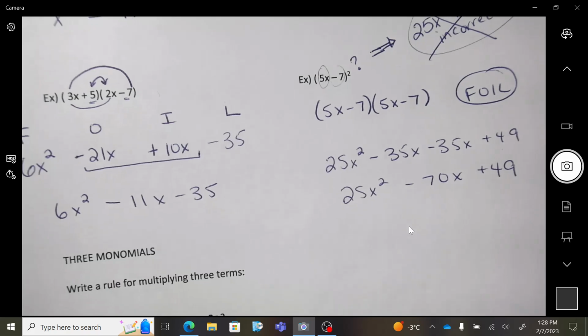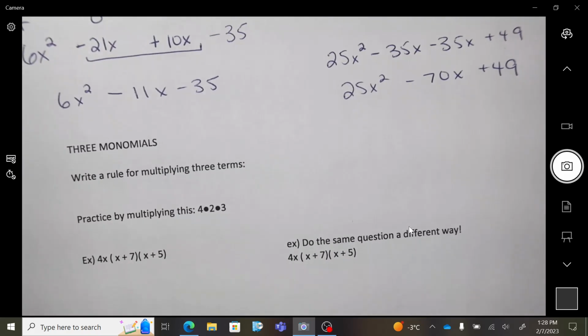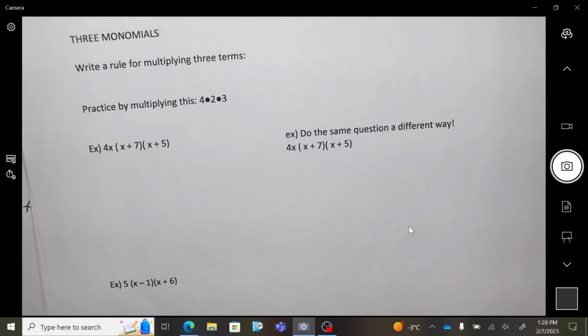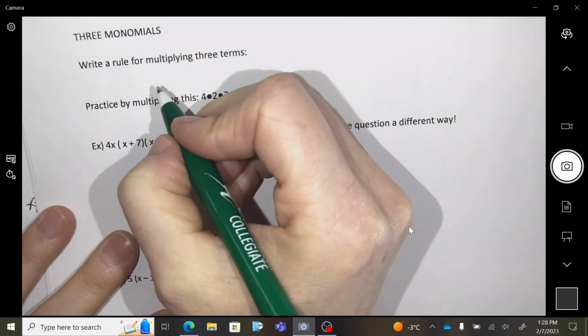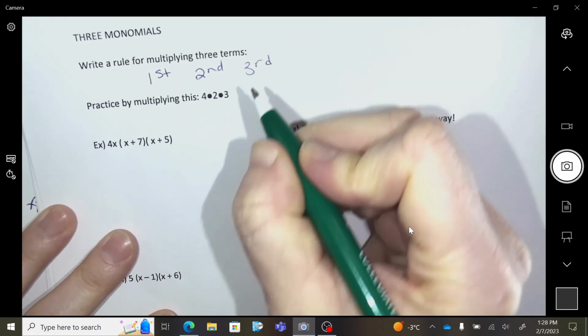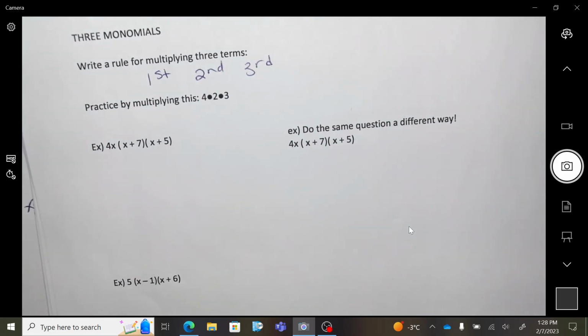Okay, you ready to amp it up a couple notches? What if we do 3 things times each other? Okay, let's write a rule. So if I'm going to multiply 3 things, okay, here's my 3 things.